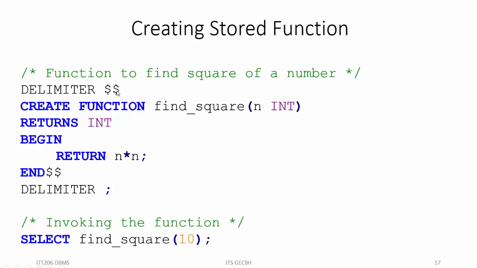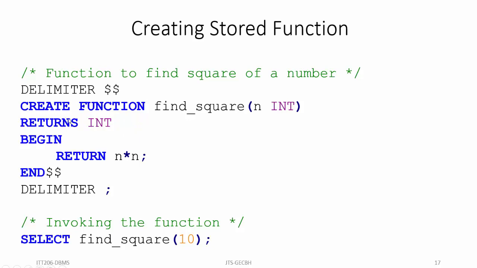First the delimiter is changed, then we write the keywords CREATE FUNCTION, then the user defined function name, here it is find_square, and then inside parentheses we'll provide the parameters, and after that we should mention the RETURNS keyword and tell which data type it is returning.